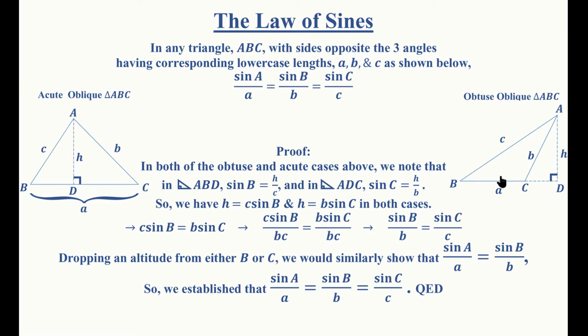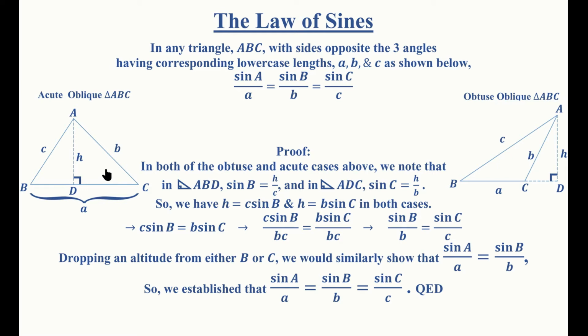Notice that we have two possibilities. This is an acute oblique triangle ABC, and on this side we're showing the obtuse case where one of the angles is more than 90. Of course, in an acute triangle, all angles are going to measure less than 90 degrees.